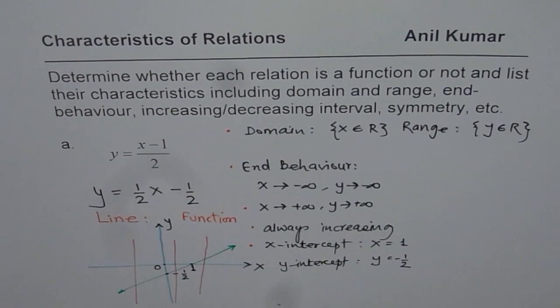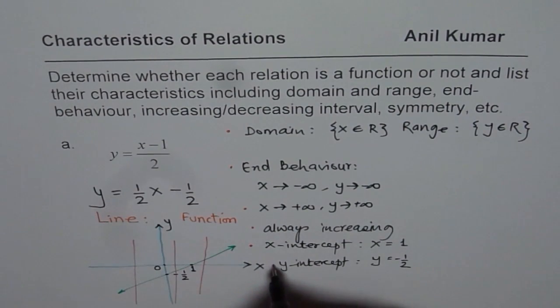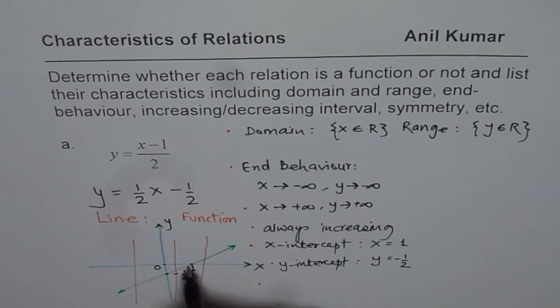You could also state the interval when the function is positive or negative. That is also a characteristic at times needed. So we say the function is positive when x is greater than 1.